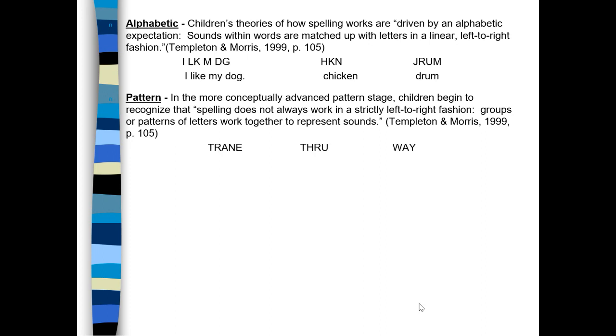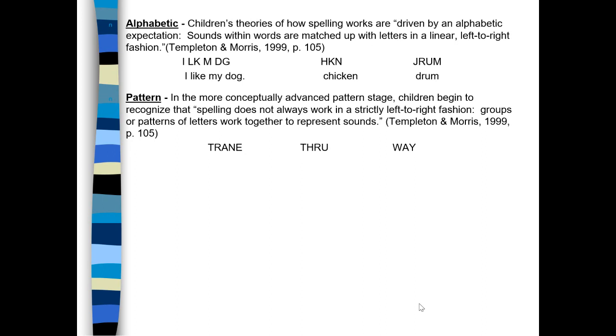In our 3 examples here, a student who hasn't been explicitly taught about the differences in making the A sound in words might spell train, Trane. It's correct the way you would pronounce it, but there are multiple patterns that kids are going to learn that they'll recognize is correct and incorrect when spelling certain words.